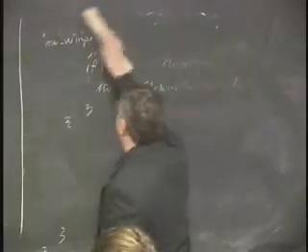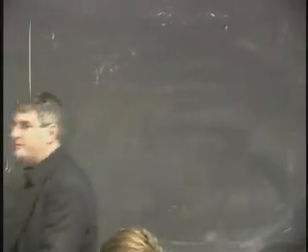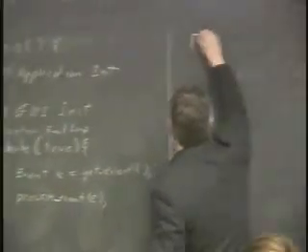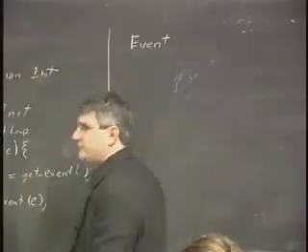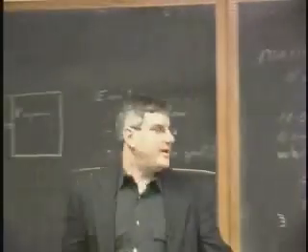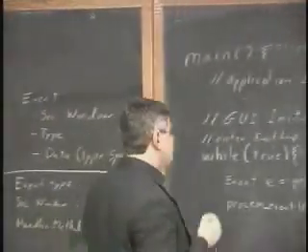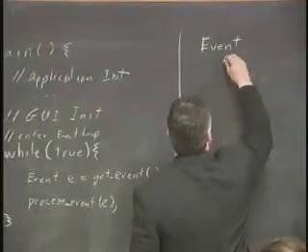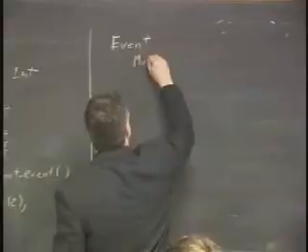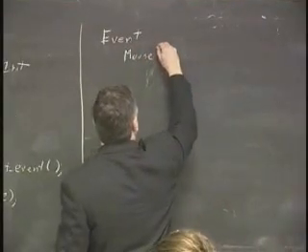And so we'll start from the Java technology for events. This being Java, events are objects. There's a class called event, which is a superclass. And each major type of event has its own subclass of event.